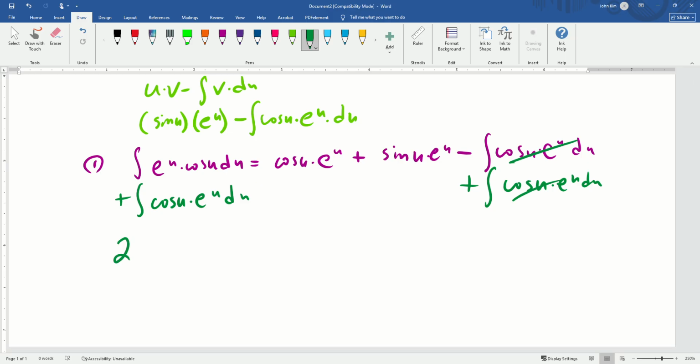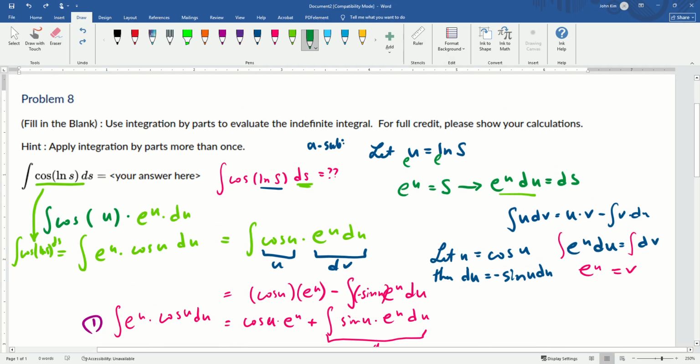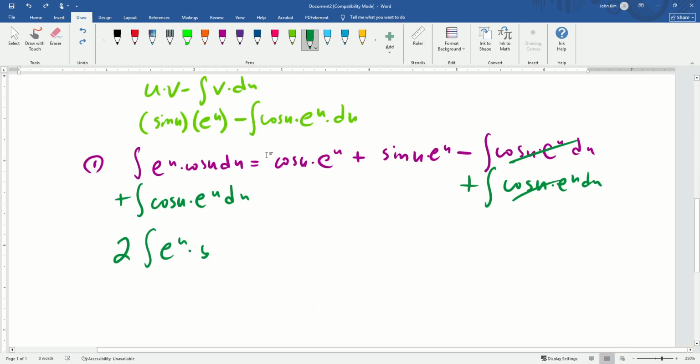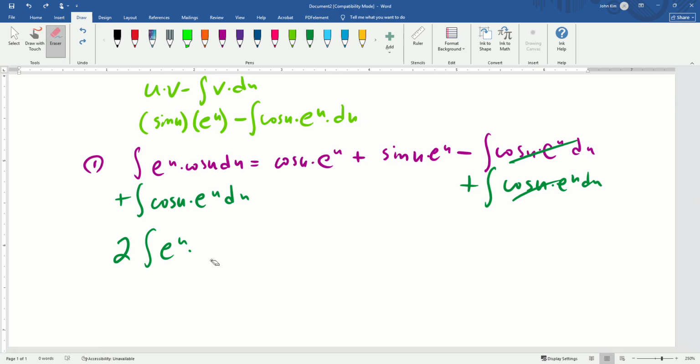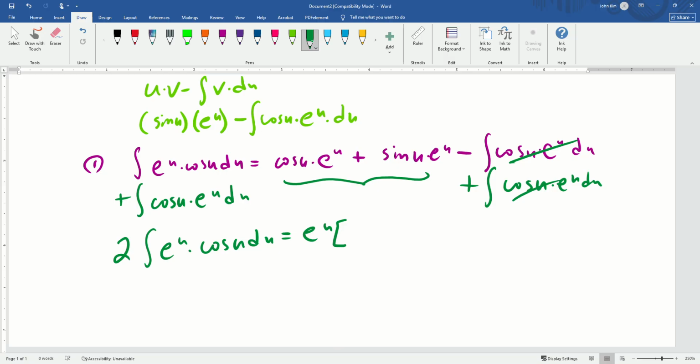So you end up with 2 times integral of e to the u times cosine of u du, equal to, I'm going to factor out the e to the u, cosine of u plus sine of u.